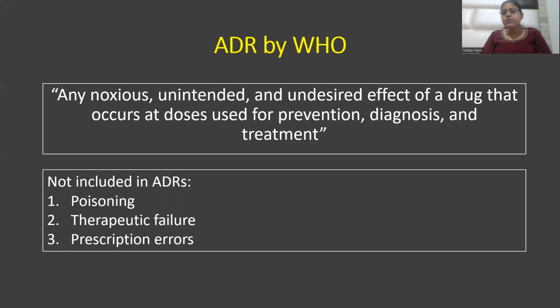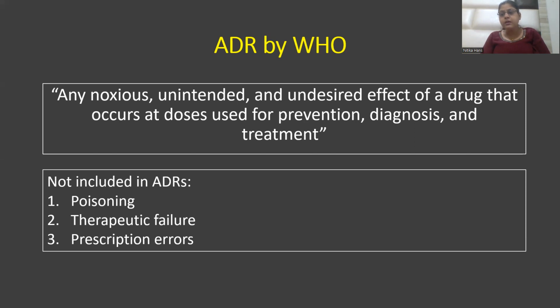Now, what is an adverse drug reaction? What is the definition of adverse drug reaction? It is any noxious, that is harmful, unintended and undesired effect of the drug, which occurs at doses usually used as therapeutic doses, for which the drug was taken to prevent the disease, to diagnose the disease, or to treat the disease.